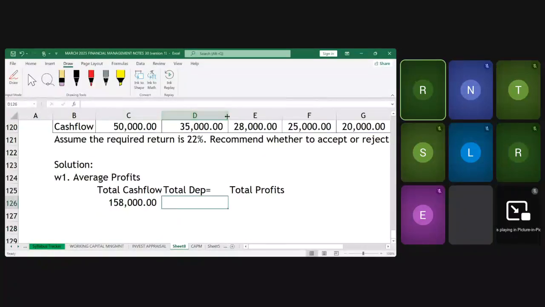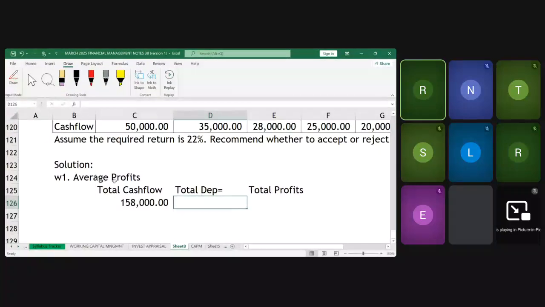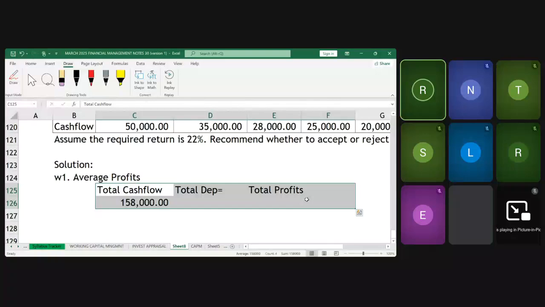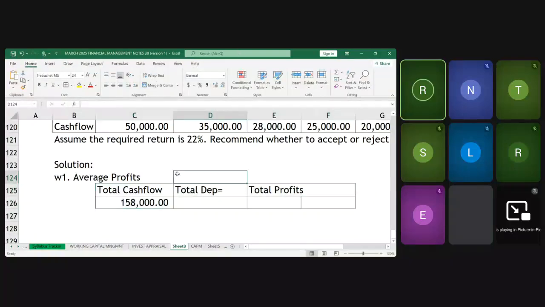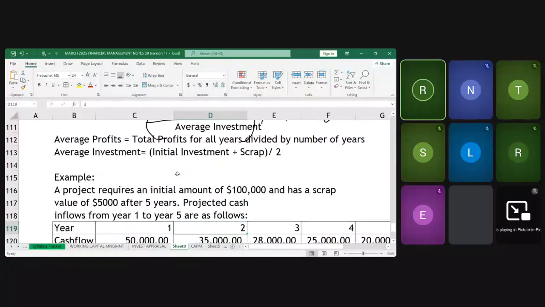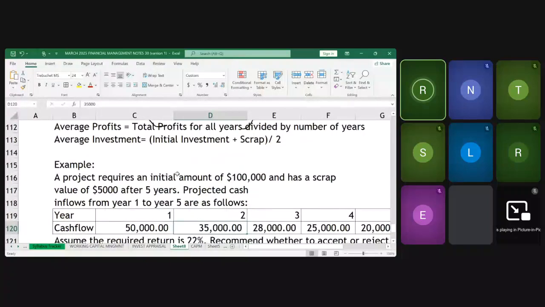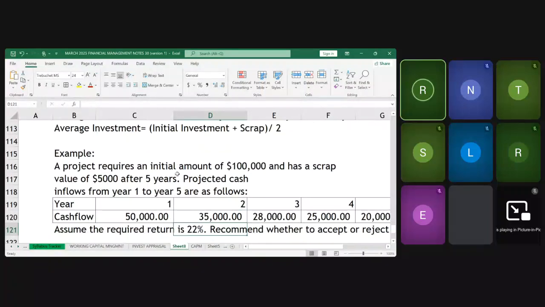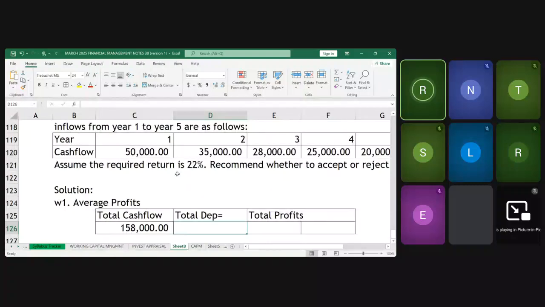Total depreciation. How am I going to calculate my depreciation? We are going to calculate depreciation using this simple method. We have started our project with a value of 100,000, but at the end, the value is 5,000. What does that mean? It means that 95,000 was depreciated. So our depreciation is 95,000.